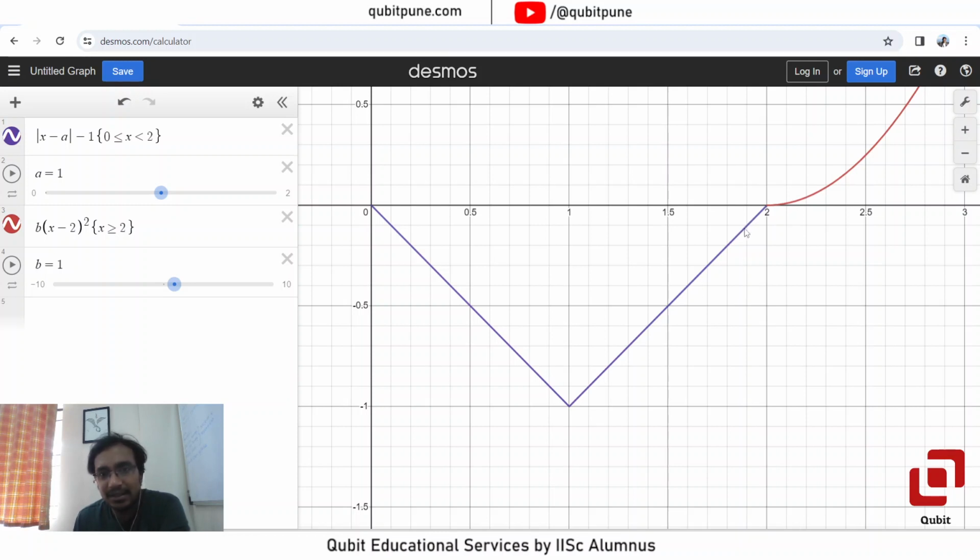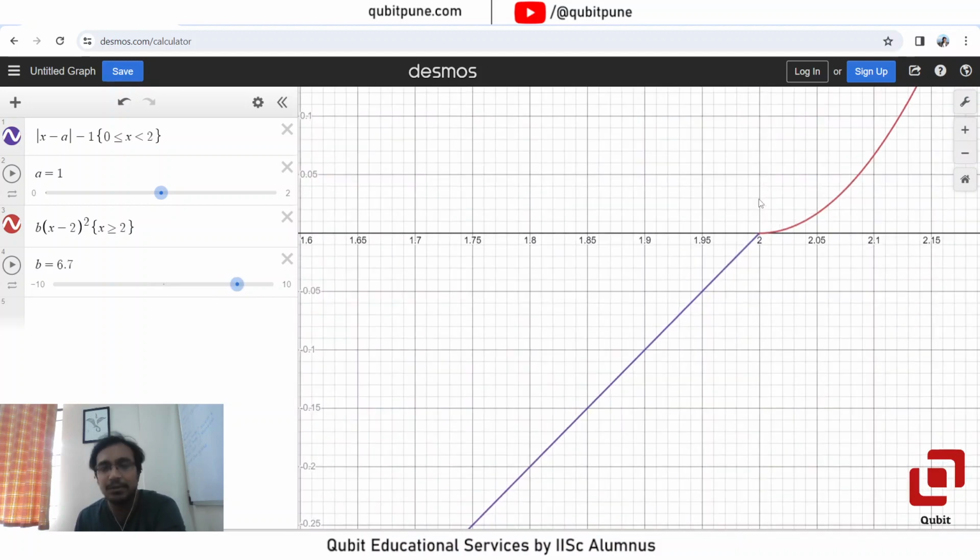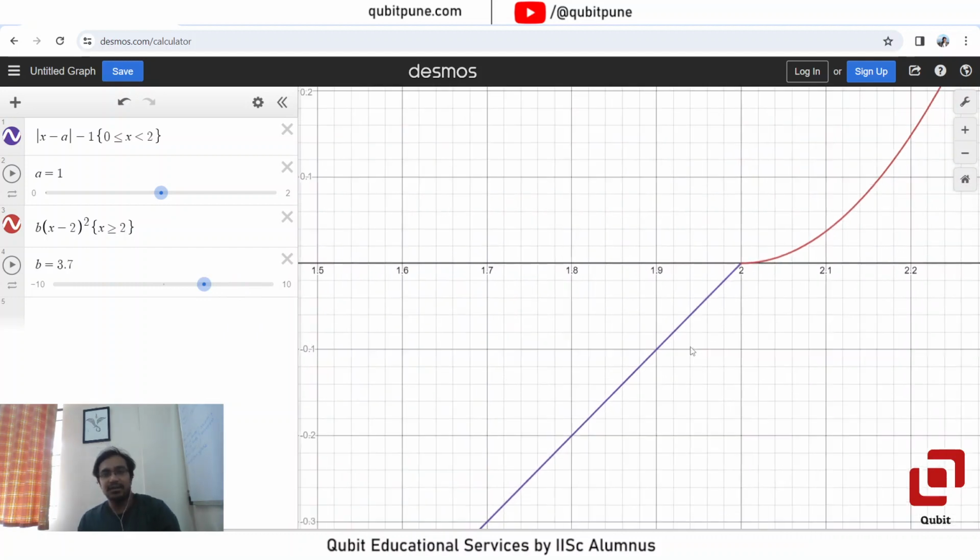But the slope of b into x minus 2 squared is 0 there, and this is a mod function, so its slope can never be 0, and it is independent of the value of b. You may think that the slope will eventually become 1. No, it's not. At 2 it will never become 1. It is always going to be 0, no matter what value of b you take. Okay, so we have successfully verified our result graphically.